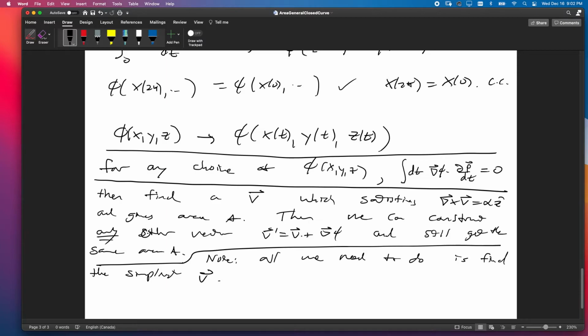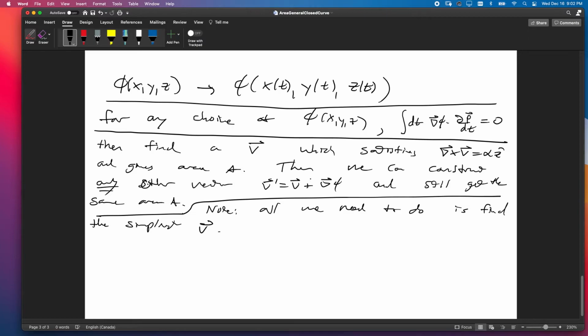Right, because I'm adding on to v some general function of x, y, and z.